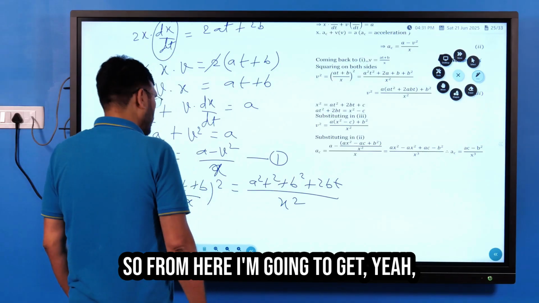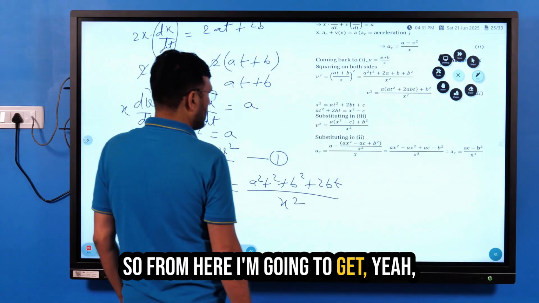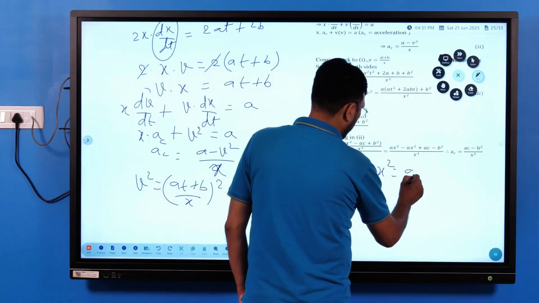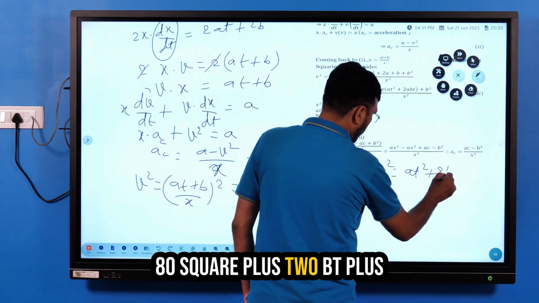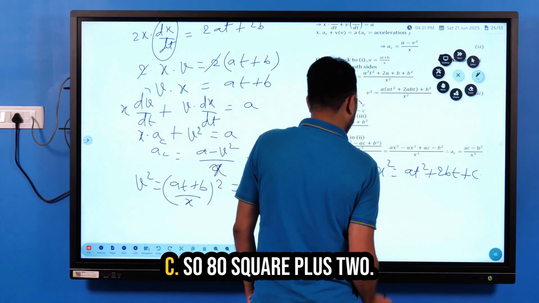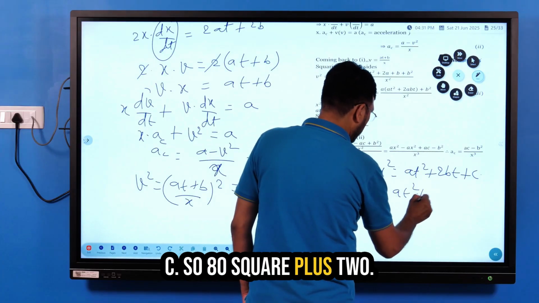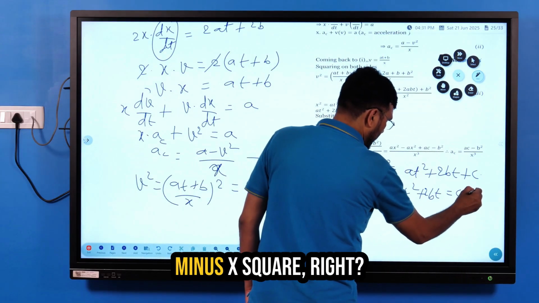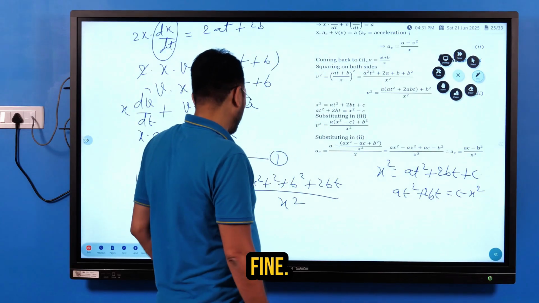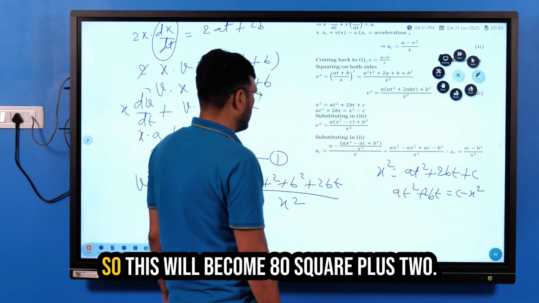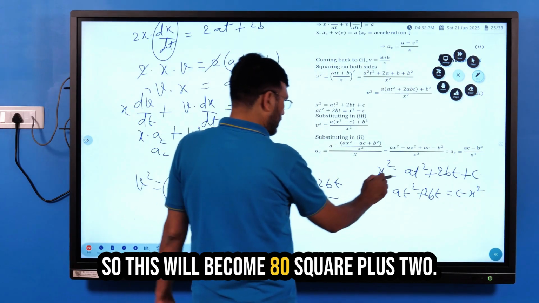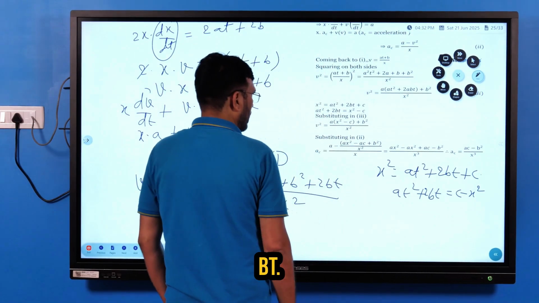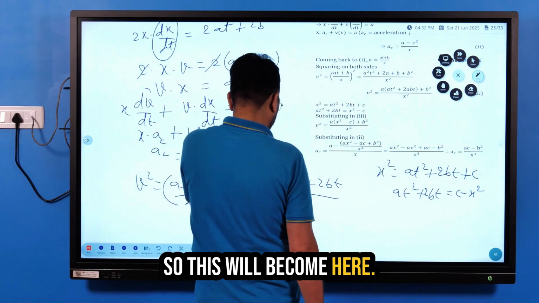And already we have the value of x square is equal to a square t square plus 2bt plus c. So a square t square plus 2bt will give you x square minus c, right? Fine. So a square t square plus 2bt will give you x square minus c.